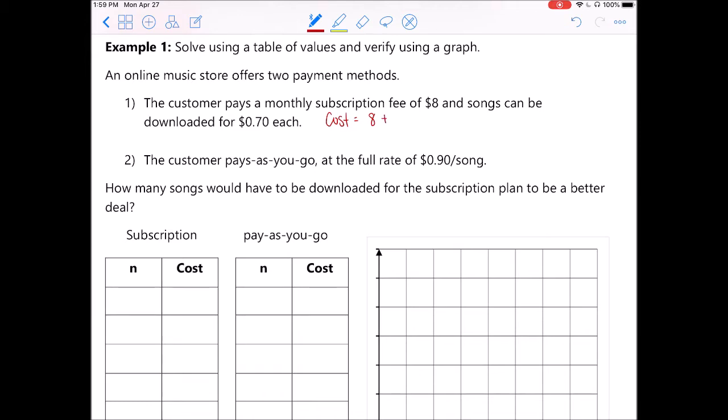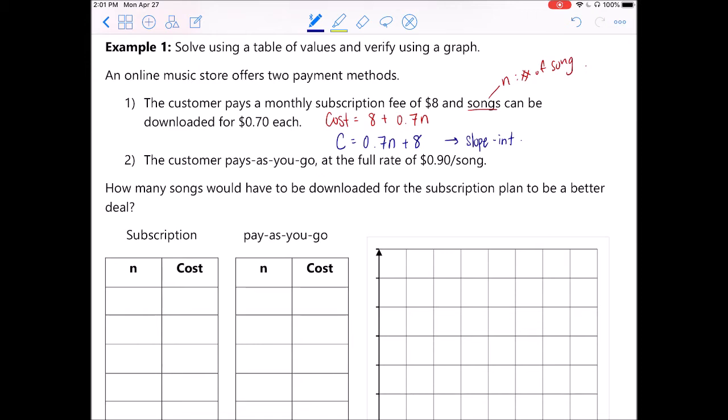If we label the number of songs as variable n, each song costs 70 cents, so 0.7 times n. Rewriting this with just variables, C equals 0.7n plus 8. This is in slope-intercept form, which is why I rearranged the order.